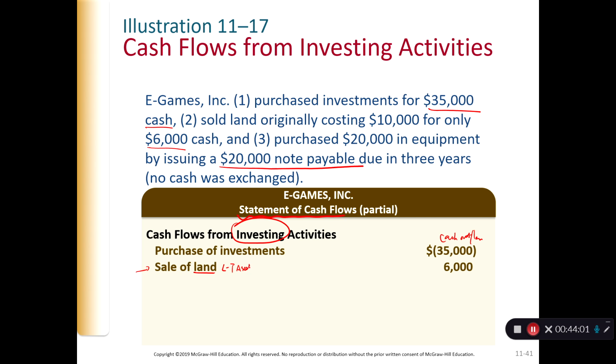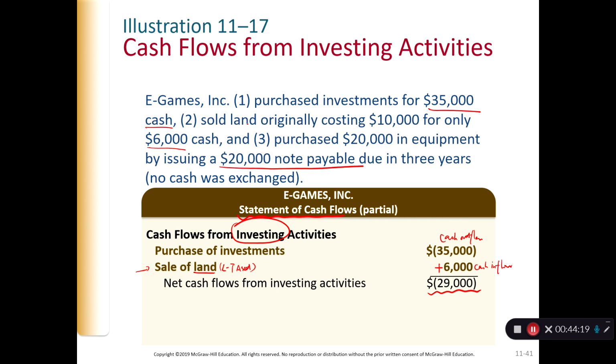When we sell it, it goes here. So when you sell for $6,000 cash, we add the cash inflow. The net cash flow from investing activities is minus $29,000.